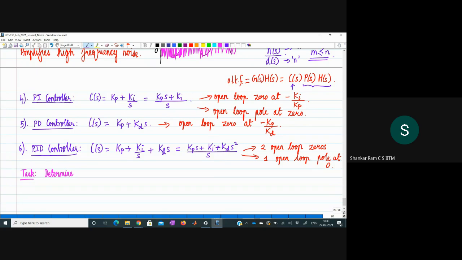The main task will be to design the controller. If you use a PID controller, we have selected the structure of the controller also. Then what remains is to determine the controller parameter set, Kp, Ki, Kd, that would achieve closed loop stability and performance.